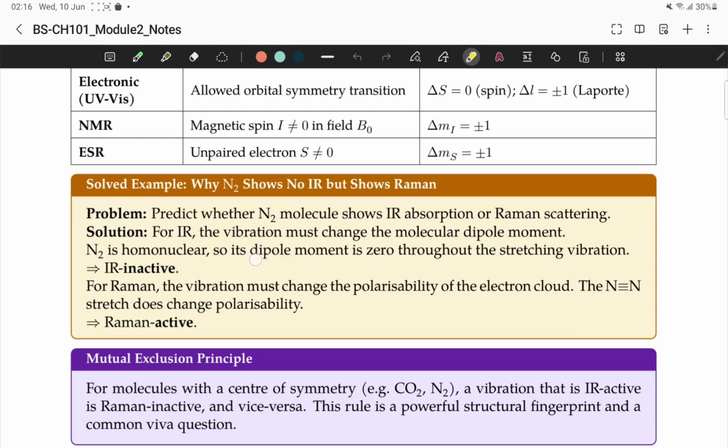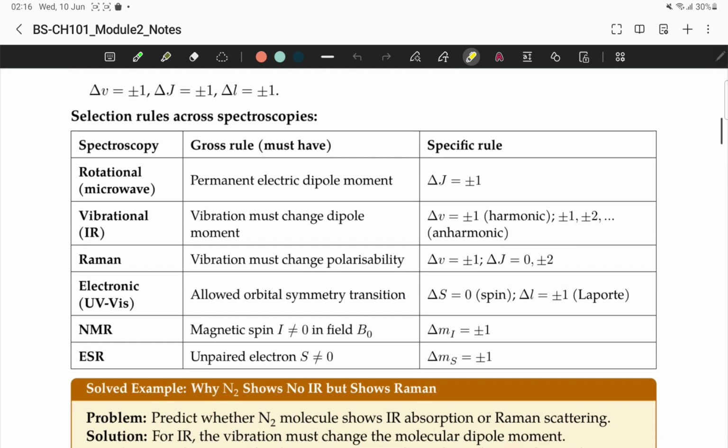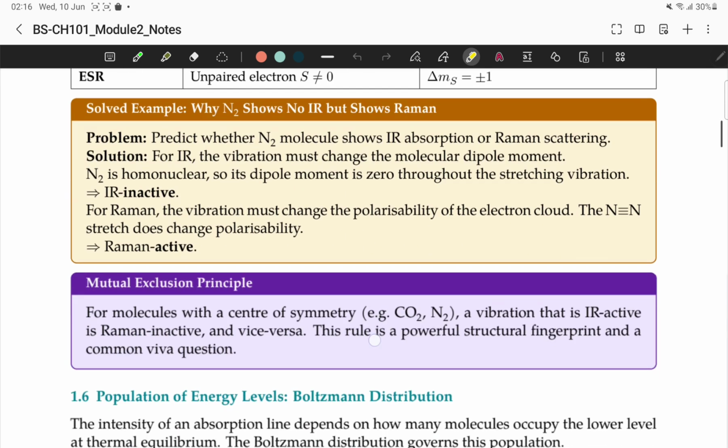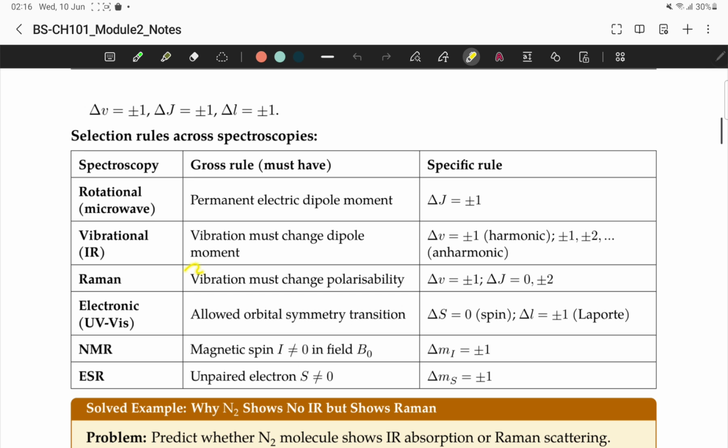The dipole moment is 0 throughout the stretching vibration. That's why this is IR inactive, because we have seen that for a molecule to be IR active, there must be some change in dipole moment. But there is no change.